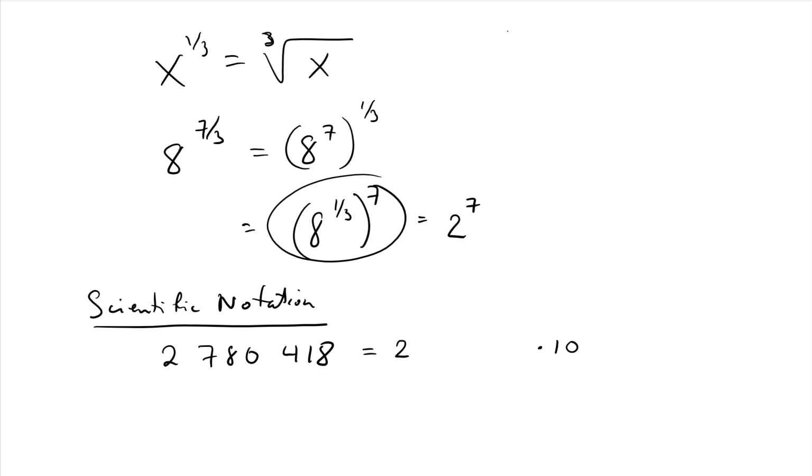Okay, so here the period is here, and you can move it by 6, six steps to the left, and get 2.870418.